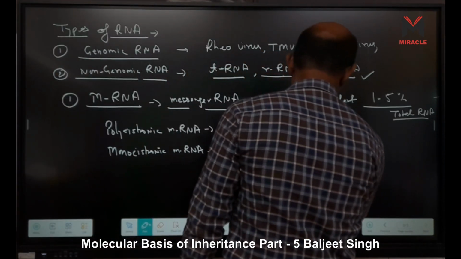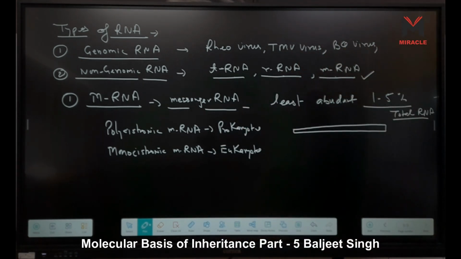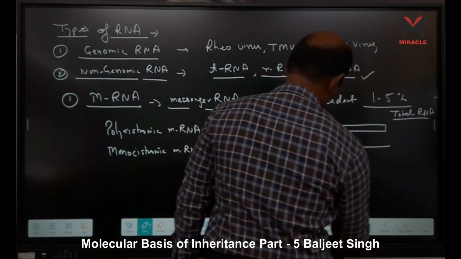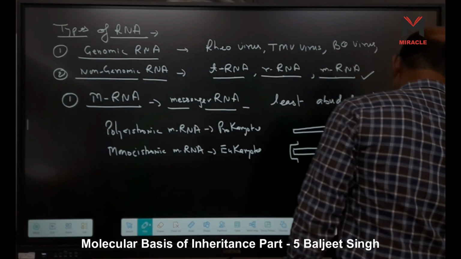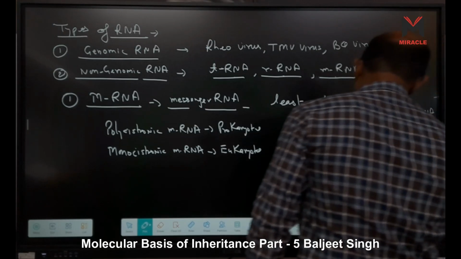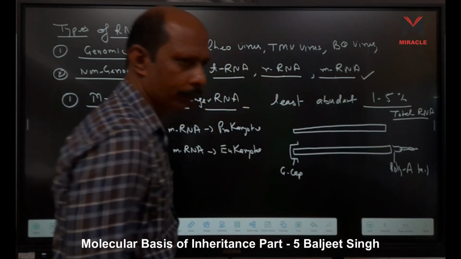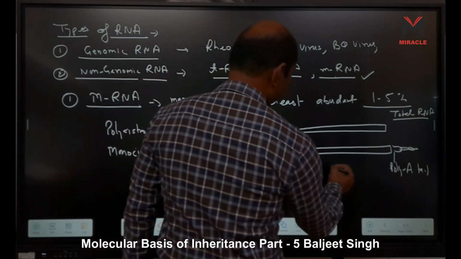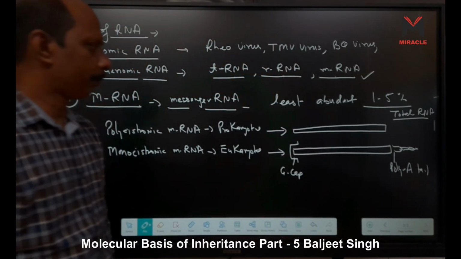First, when we see the structure, no G cap, no poly A tail is present. This one is polycistronic, but monocistronic means what? This side it contains a G cap and that side it contains a poly A tail. This is the processed RNA and this is the G cap. We can sometimes also say 7-methyl G cap, right? This one is monocistronic and this one is polycistronic, right?